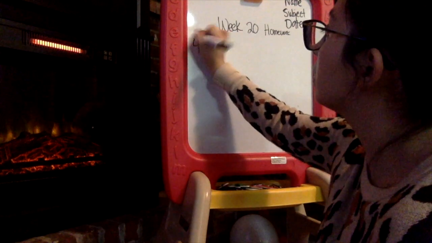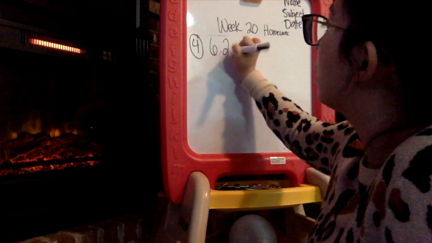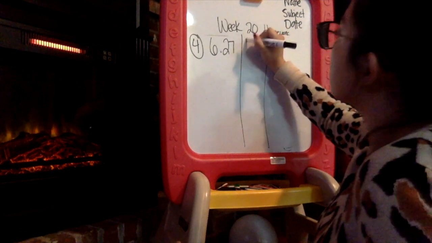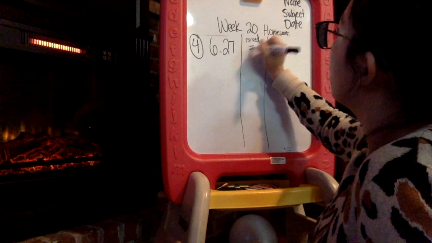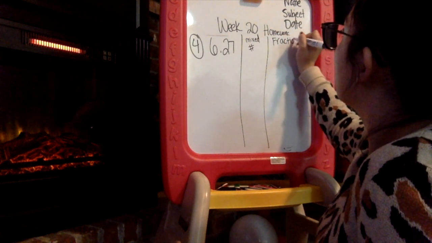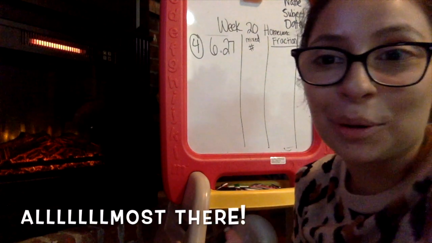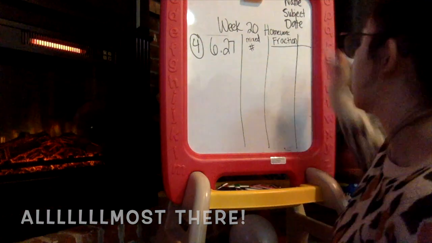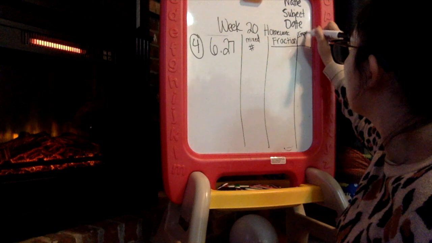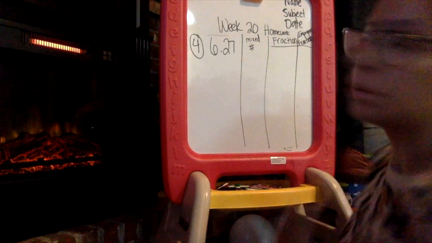Okay, so number 4, we're going to go ahead and say we're going to change that into a mixed number, and then we're going to change it into a fraction. And obviously your paper will be larger than mine, but I'm going to make this an improper fraction.